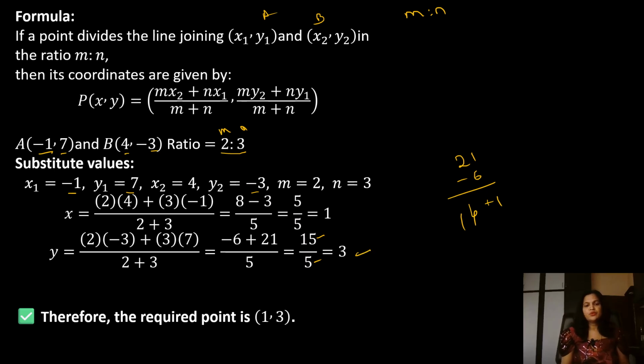So therefore the required point P is (x, y), that is (1, 3). x value is 1, y value is 3.